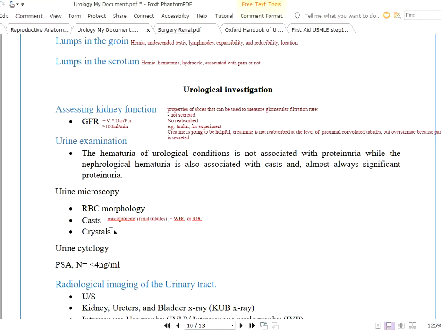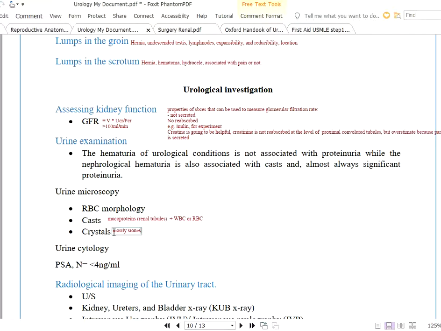But for crystals, it's just maybe stones or other causes of crystals, mostly stones. This is what we find on urine microscopy during examination. So what is urine cytology?